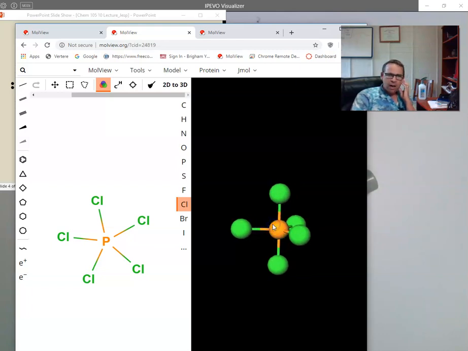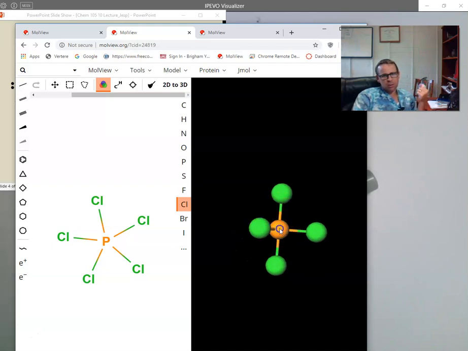So when you have 5 regions of electron density, 2 are axial, on the axes, and 3 are equatorial. So this is what we have to visualize. We call this shape a trigonal pyramid.